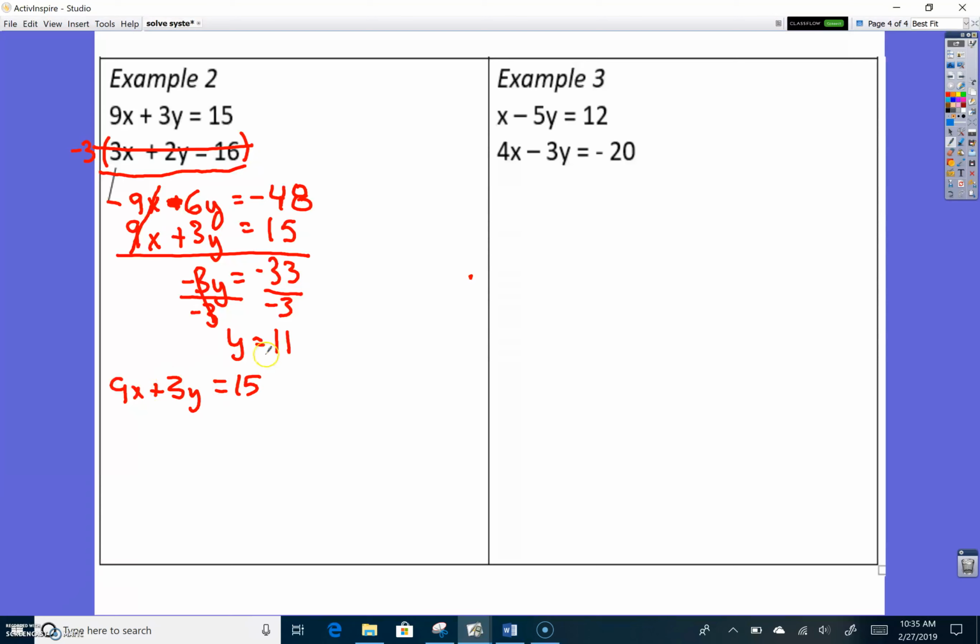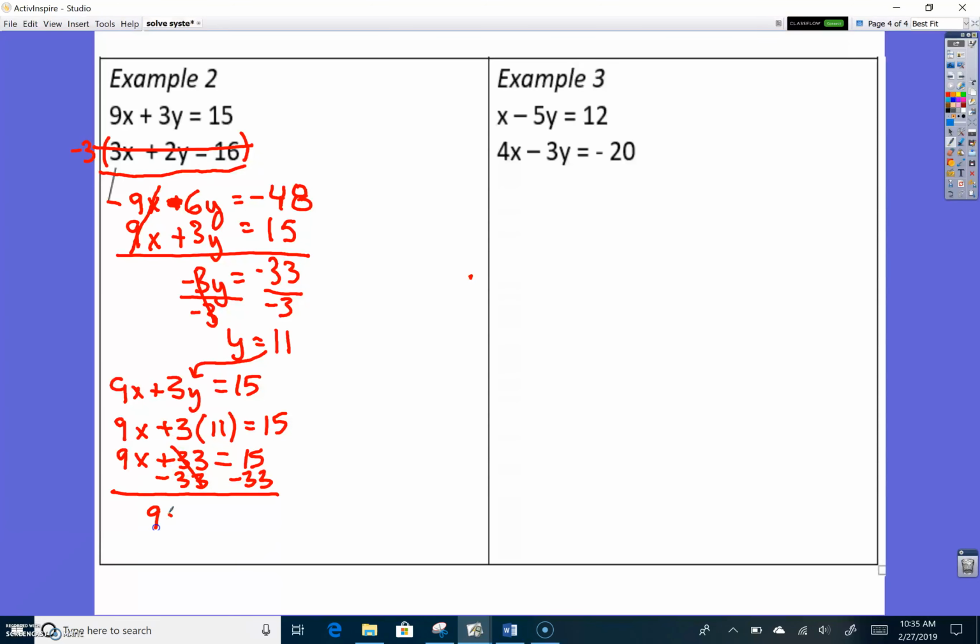I'm going to substitute the 11 in for y. 9x plus 3 times 11 equals 15. 9x plus 33 equals 15. Minus 33, minus 33.